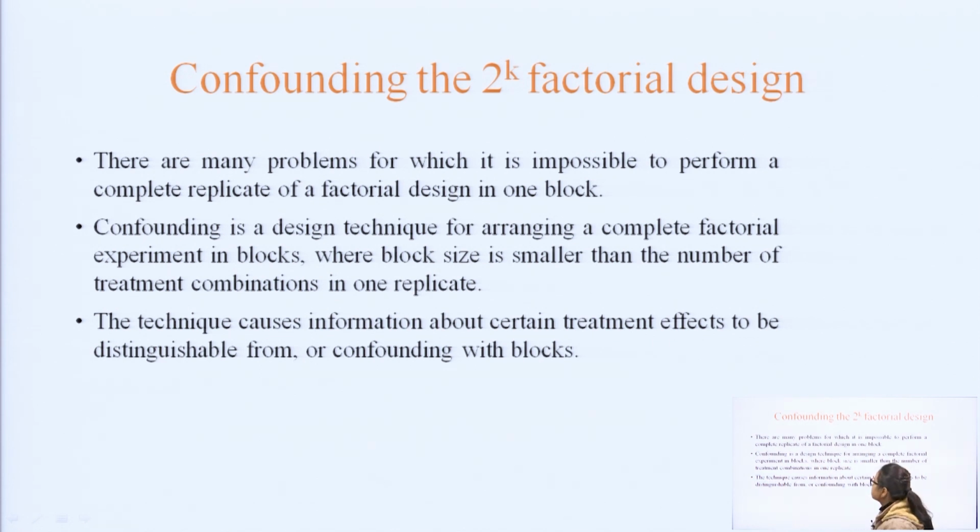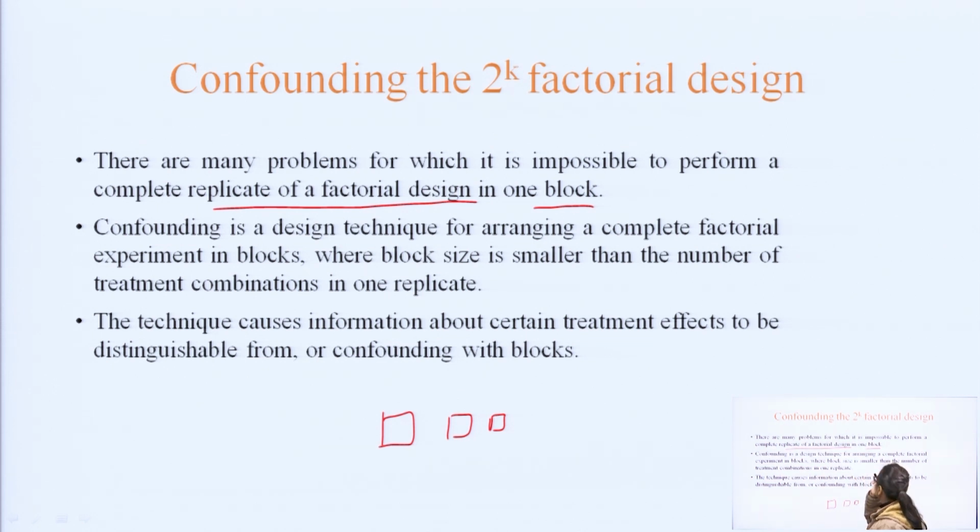The difference is there are many problems for which it is impossible to perform a complete replicate of a factorial design in one block. In the previous blocking system, we were using only simple blocks like block 1, block 2, block 3.